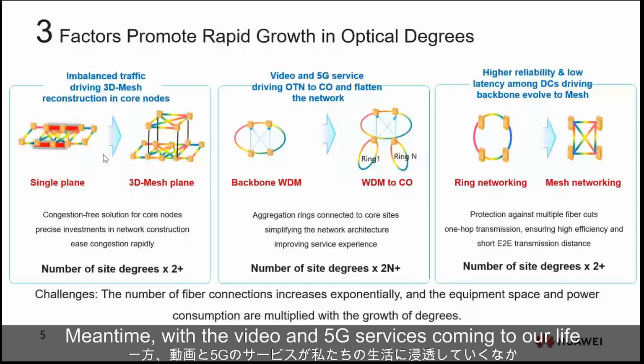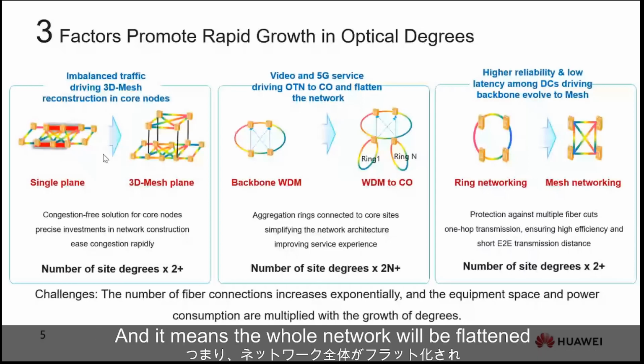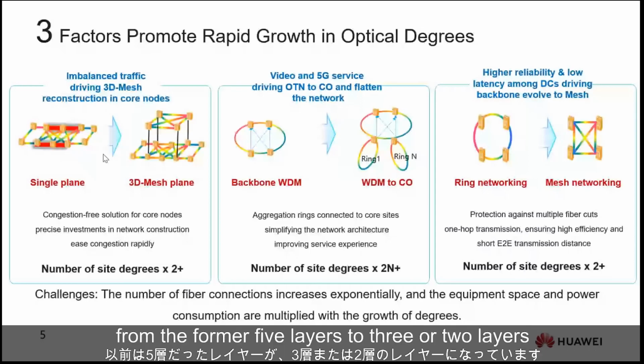Meantime, with video and 5G services coming into our life, the whole network is driving the OTN to the central office. That means the whole network will be flattened from the former 5 layers to 3 or 2 layers.